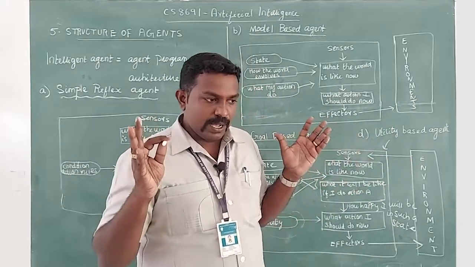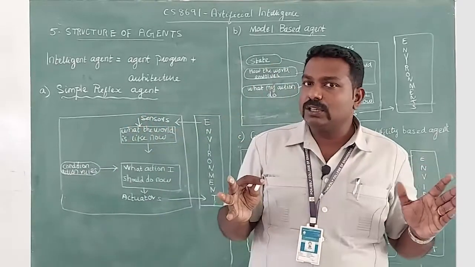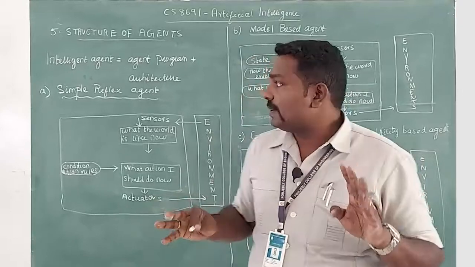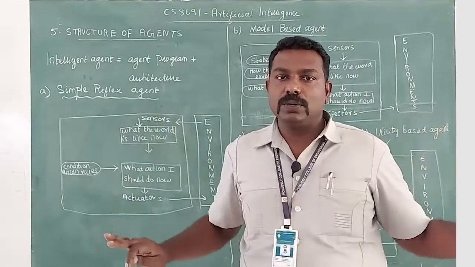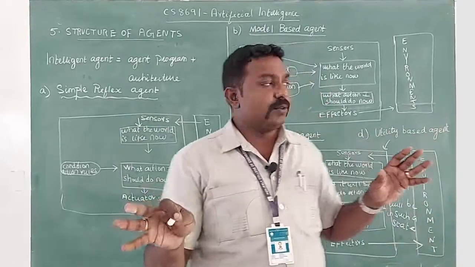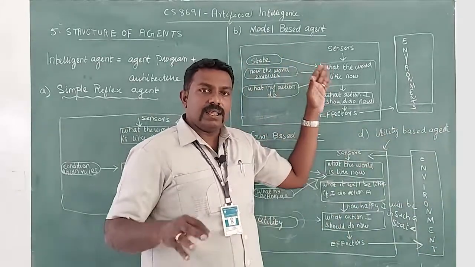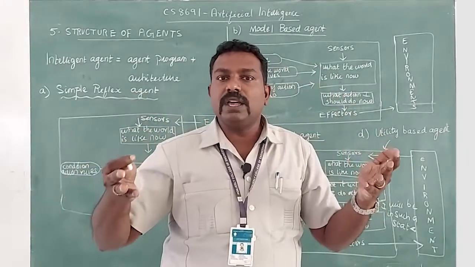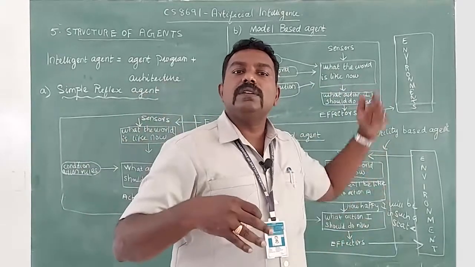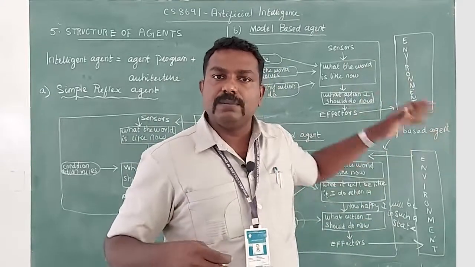In today's class, I have taught you 4 different types of agent programs. Simple reflex agent: for a single input, it gives the output. Whatever input you give, it gives the output. Model based agent: the cameras are not working, I didn't get the input from the environment. Still, based on the previous information, based on the history, I am taking the decision.